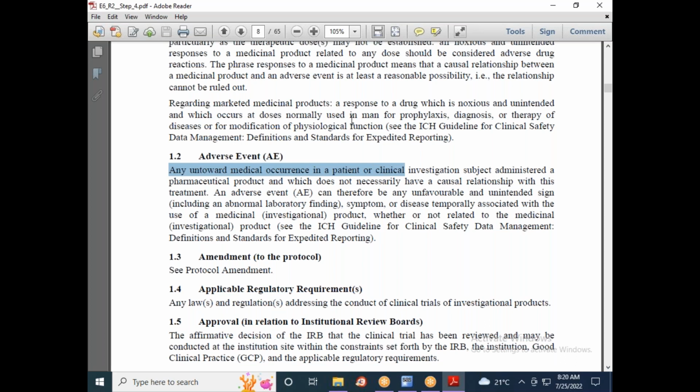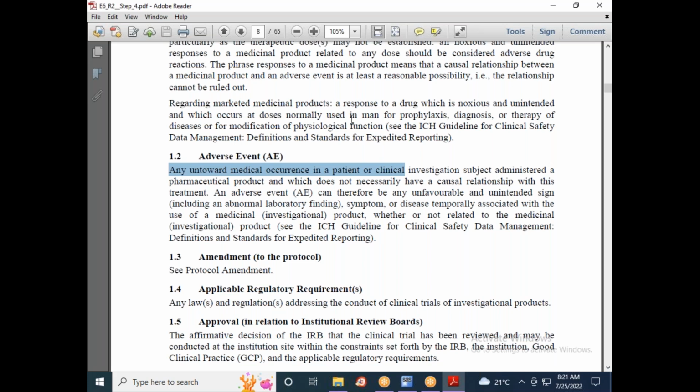Who is administered a pharmaceutical product, and which does not necessarily have a relationship with this treatment. Say subject number one took the drug and got some side effect. This side effect is not necessarily due to your medicinal product. Then we call it an adverse event.